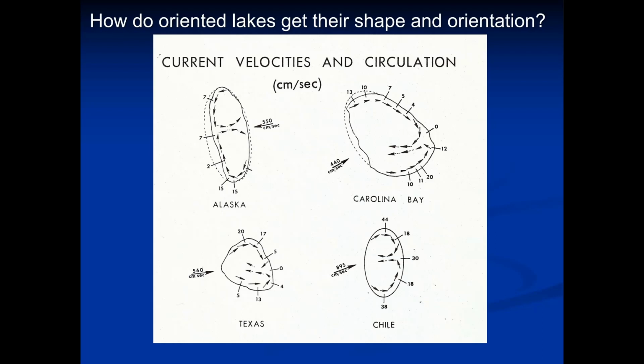That's our dominant wind direction, or out of the west. And what he found is that the wind on the shallow ponded water creates circulation cells. In this way, he monitored the velocities of water for these different types of oriented lakes, and the wind creates circulation patterns within the shallow water that scours and shapes bays into the shapes that we see.